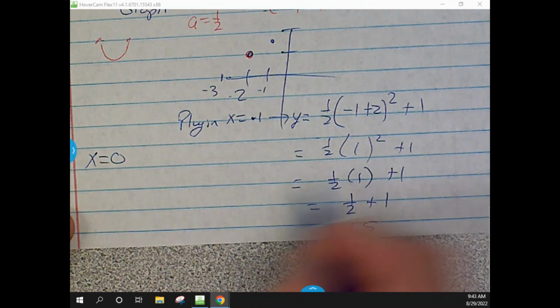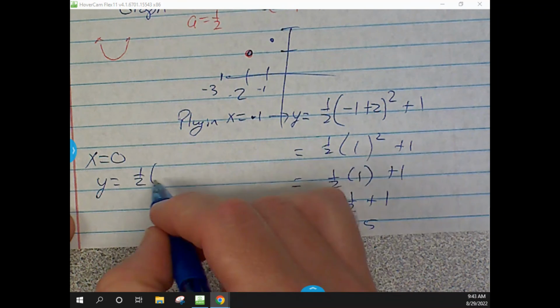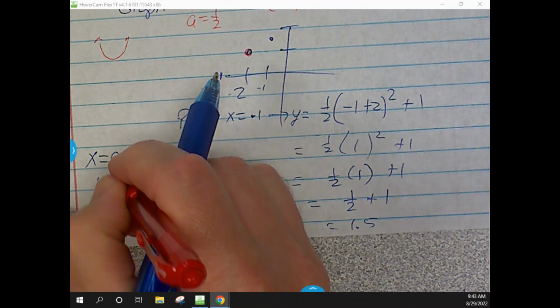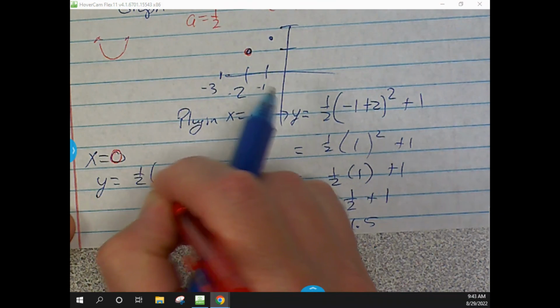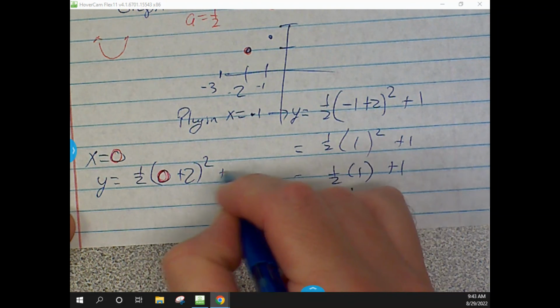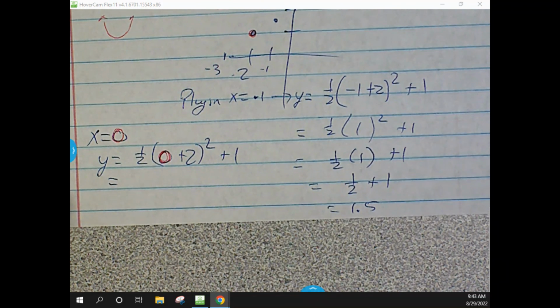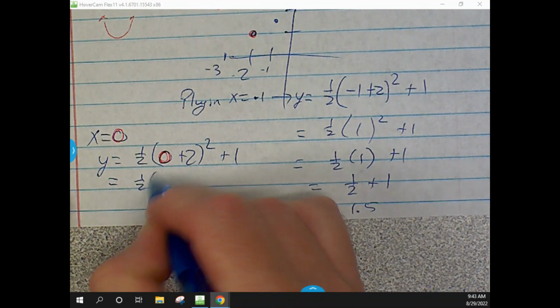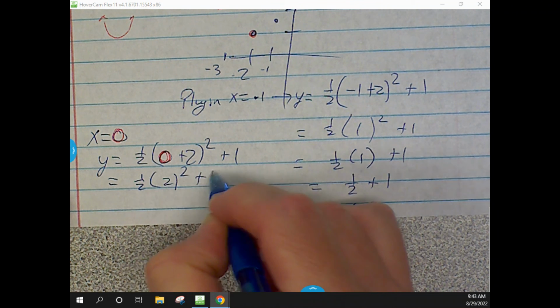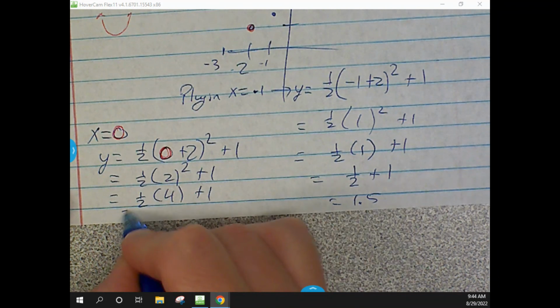So x equals 0. So that means it's going to be y equals 1/2 times 0 plus 2 squared plus 1. Okay, so that's 1/2 of 2 squared. 2 squared is 4, so that's 1/2 of 4, which is 2.